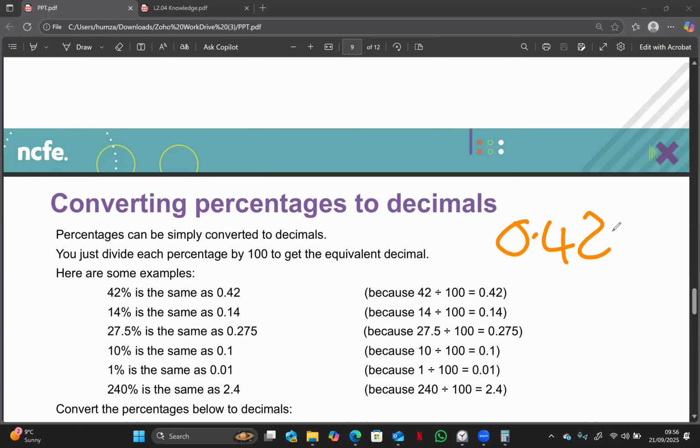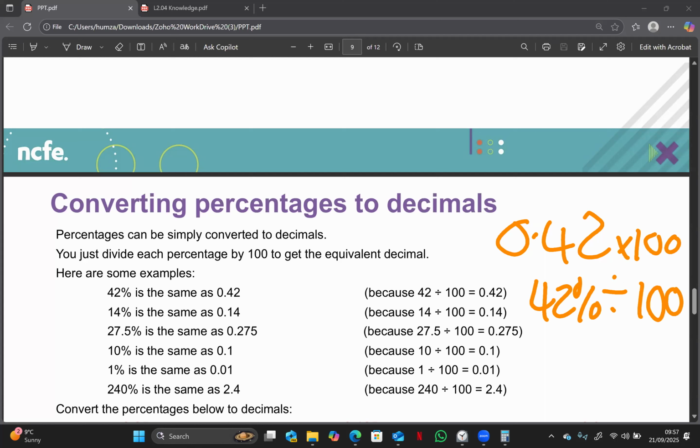What did I tell you? Like 0.42, how do we make that into a percentage? Times 100. Yes, okay, times 100. So if it's 42%, how do we convert that into a decimal now? The opposite. Divide by what? 100. Yes, exactly.